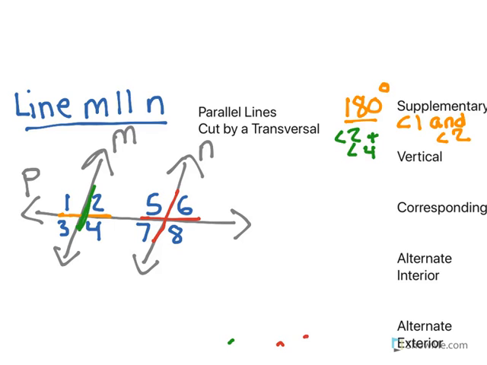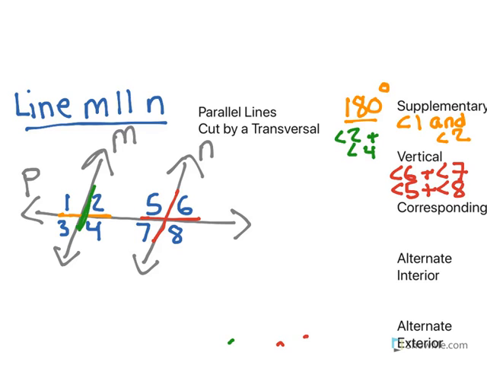With 5, 6, 7, and 8, if you look at this X, the angles that are opposite of each other are called vertical angles. So that's angles 6 and 7, and angles 5 and 8. It obviously applies to the other side as well, so angles 1 and 4, and angles 2 and 3 would also be considered vertical angles.